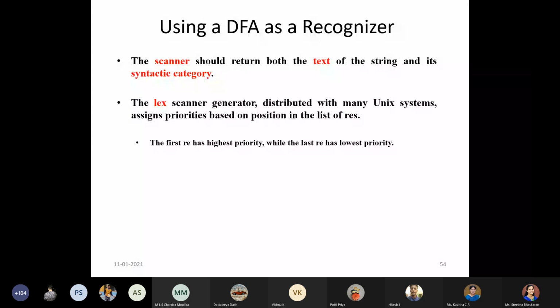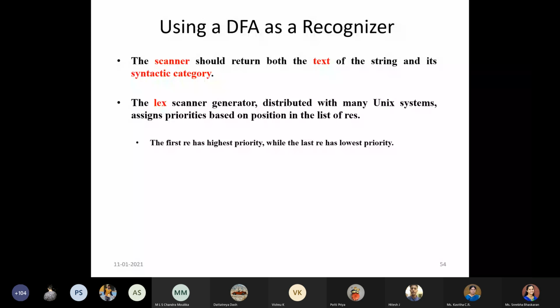The first regular expression, whatever we write, it is going to verify first. If that is not satisfied, only then will it go and see the second regular expression. If that is also not satisfied, then it will see the third regular expression. So the first one you have written will have the higher priority, and the last one will have the least priority.